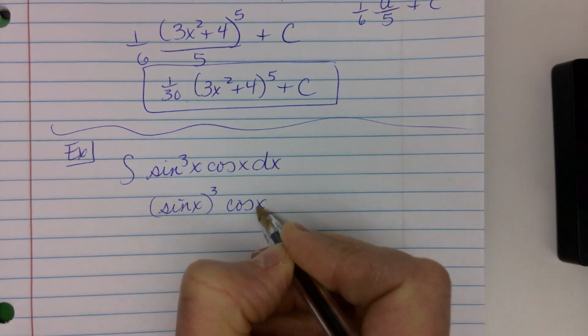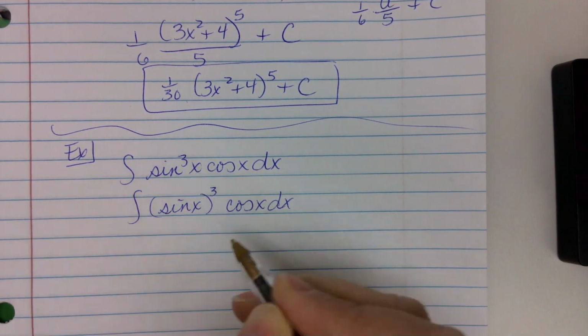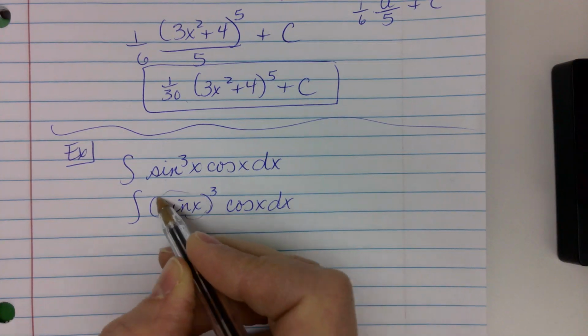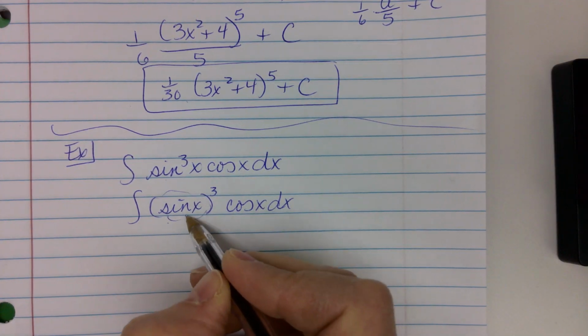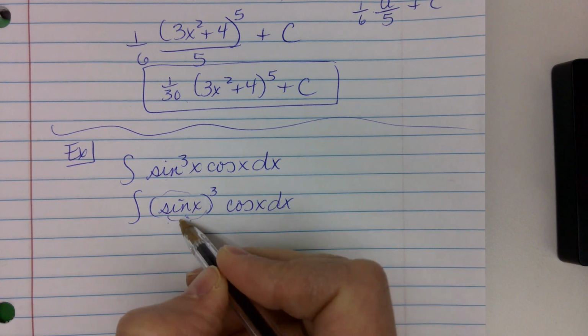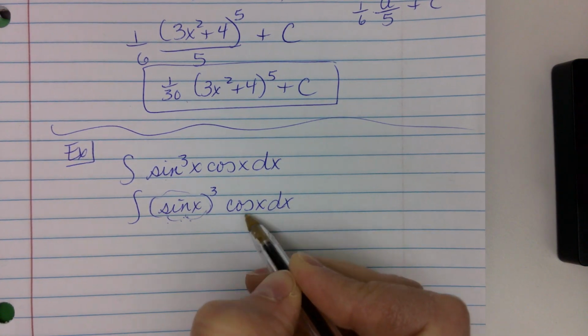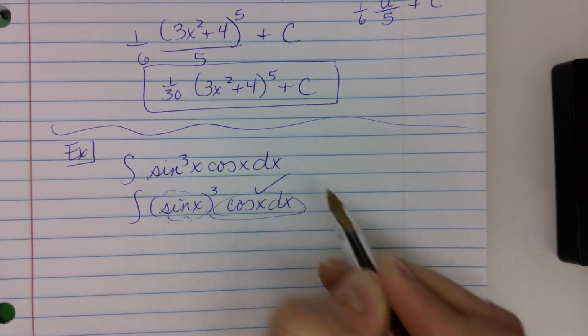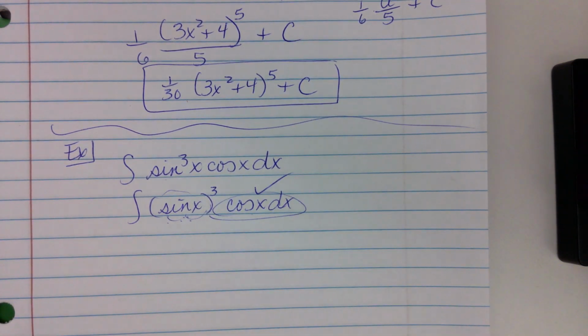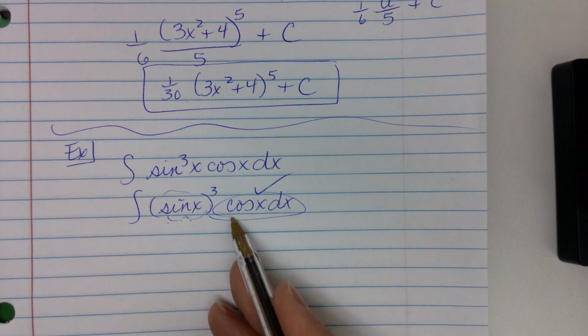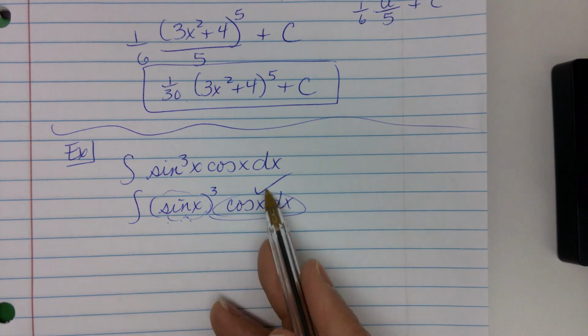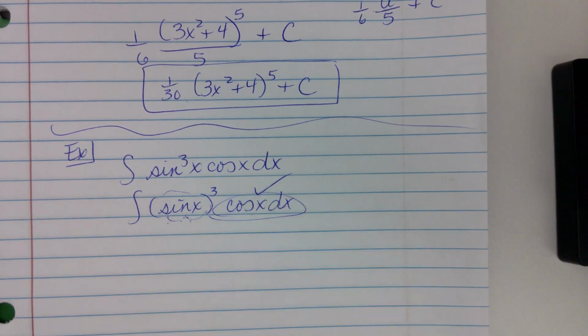If I write it like this, then I go, that's my blob, or that's my u, right? What is the derivative of that? Well, looky there. Guess what? It's there. I check it off, and then what do I do with this part? You ignore it.